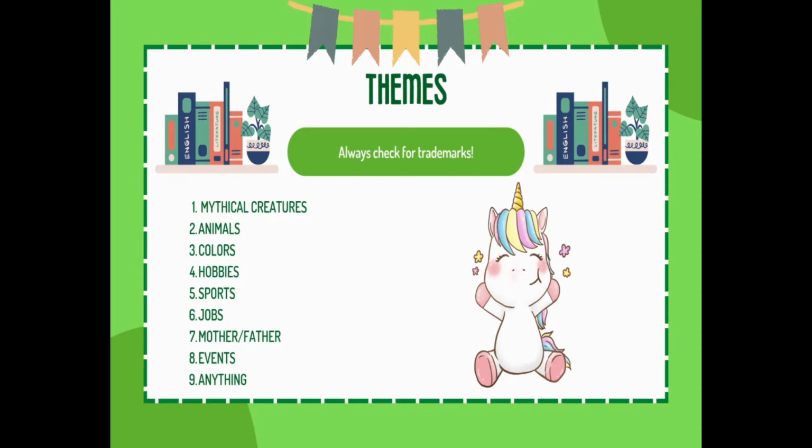Those are people's professions, something like business related, or a professional athlete, or firefighter, or a doctor, a nurse, things like that. Mother, father, there's a lot of mother, father gifts, or even kids, family members, events. That could be something like a wedding or a birthday. And then I put anything because themes can literally be anything.